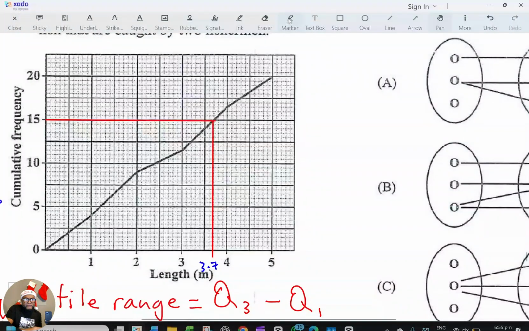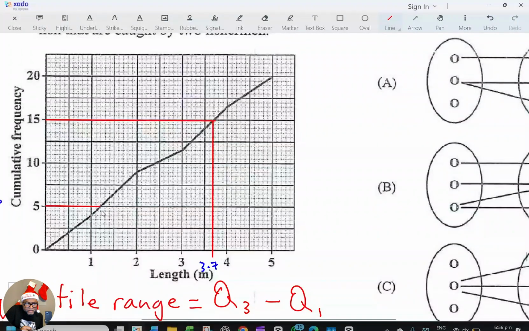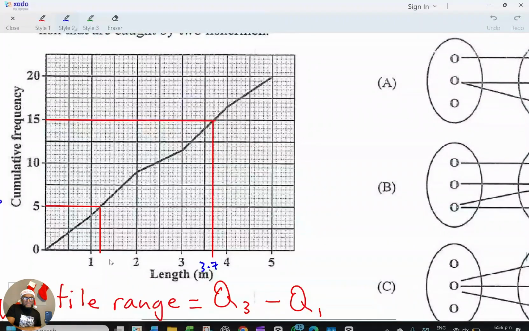And then for 5, it is 1.2. Everybody agree with me? Sometimes these things just hurt my eyes. So here this is 1.1, this will be 1.2, 1.3, 1.4, 1.5 going up. Here in the middle will actually be 3.5, 3.6, 3.7 going up. Everybody good there?